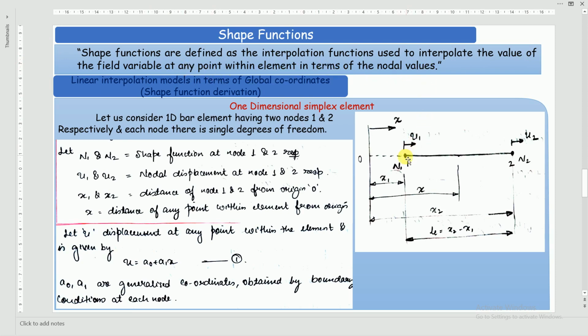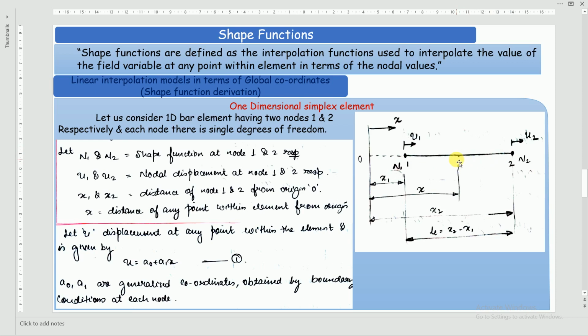Now, once you finish finding the unknown displacements u1 and u2 at these nodes, you are asked to find the displacement at x equal to somewhere in the element. At that time, these shape functions are very helpful.